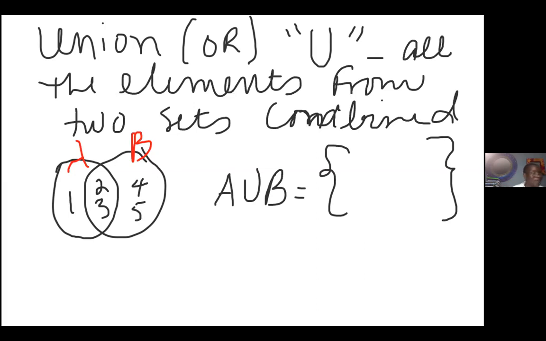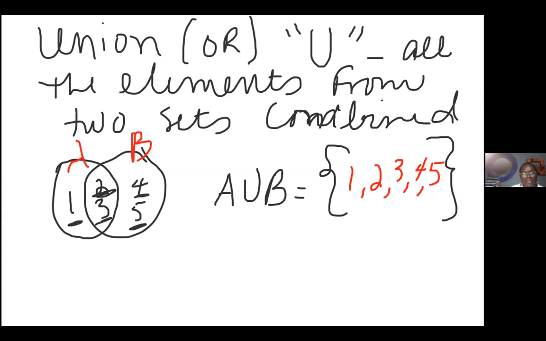So another way of looking at this is to say the elements can be in set A only, they can be in set B only, or they can be in both sets. So all the elements from both set A and set B combined together will give you this list of elements: 1, 2, 3, 4, and 5. So everything from both sets combined.